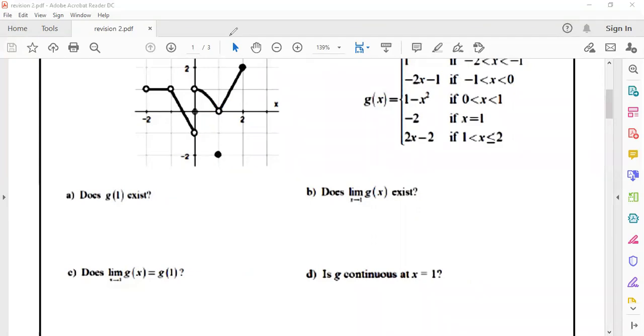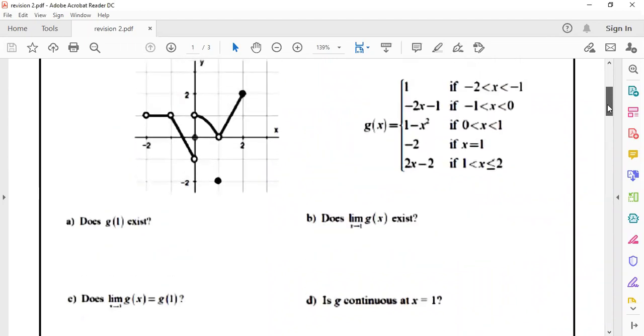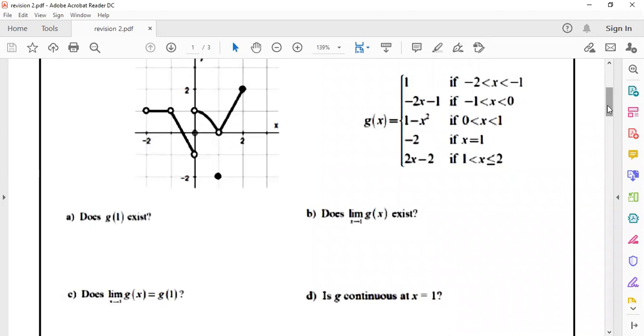Okay, our mouse. Here, what is the next question? Is g defined at x equal -1? As you see here, look with me, at -1, where is -1? Here, that is -1.